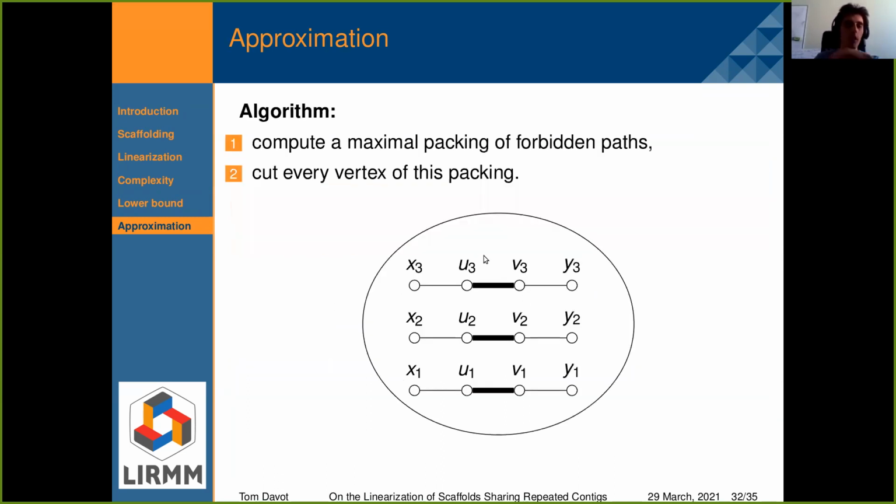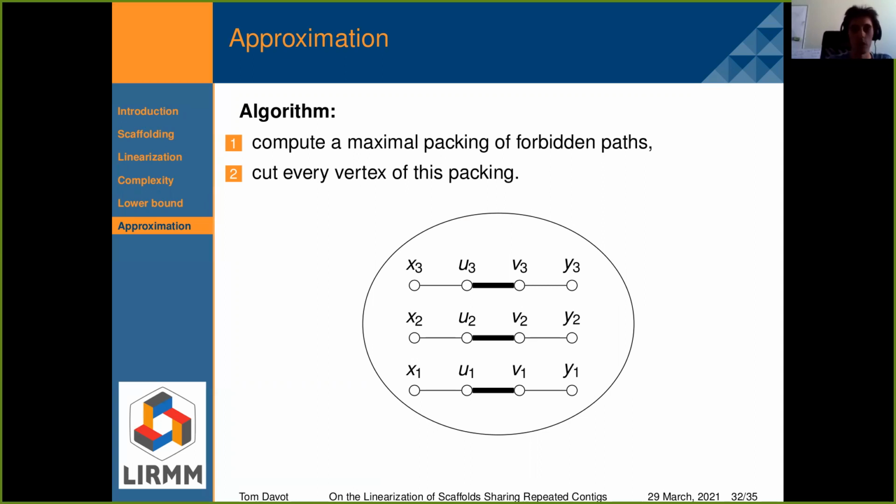So if we compute a maximal packing of forbidden paths in the solution graph, and if we cut every vertex of this maximal packing, then we know that each time we cut 4 vertices, at least one of them must be in an optimal solution. So that's why we can have a 4 approximation algorithm.